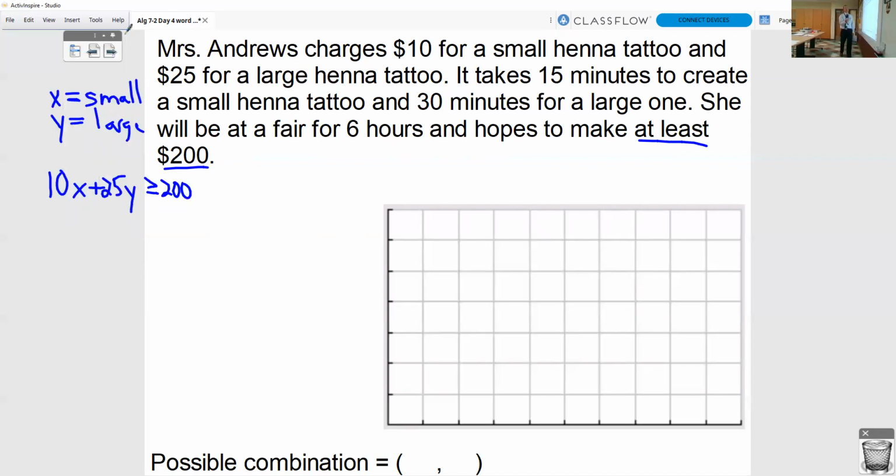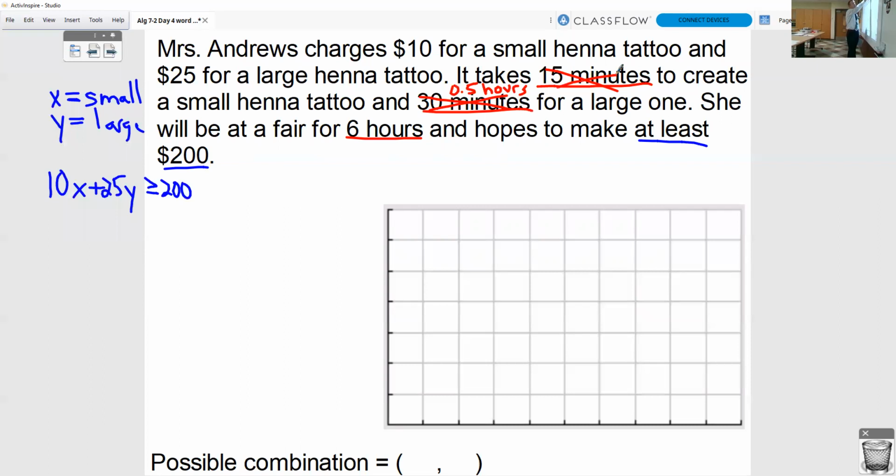For the time, we have different units of measure: minutes, but also hours. We want to only talk about one unit of time. You could choose the minutes or you could choose the hours. I think it's honestly easier to use hours because there'll be lower numbers. So 30 minutes is really 0.5 hours, because it's half an hour.